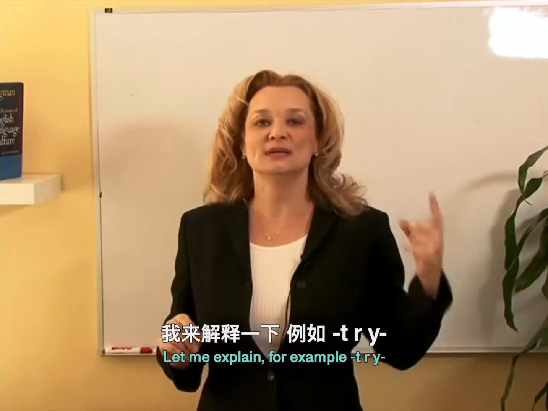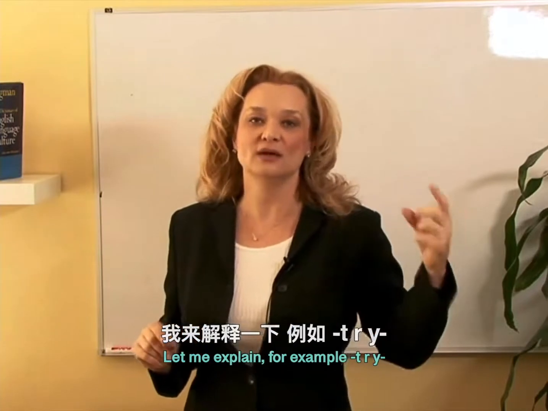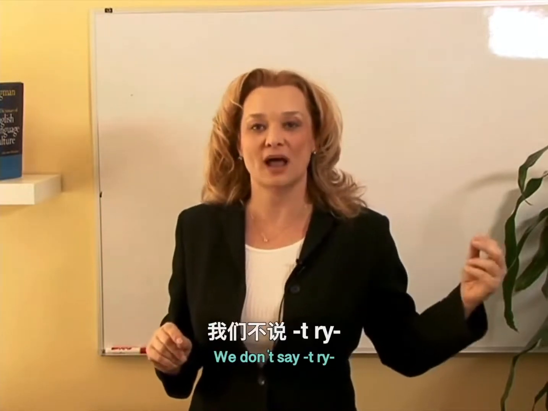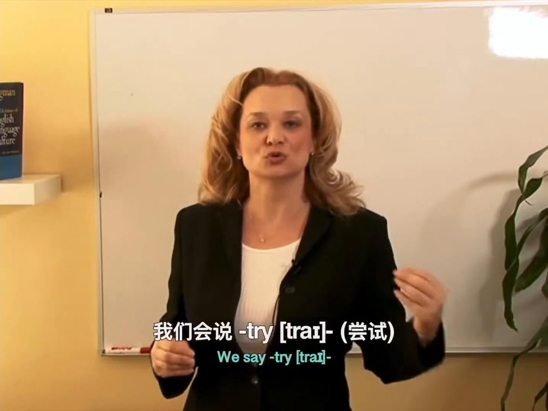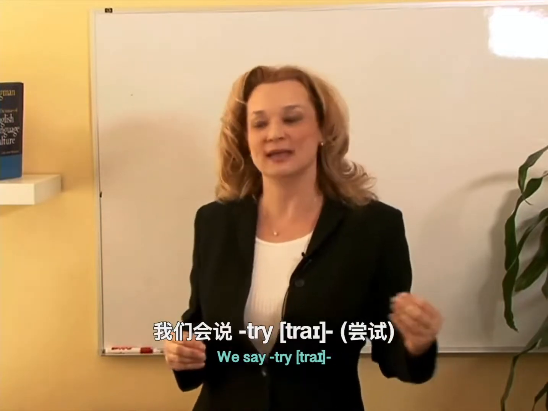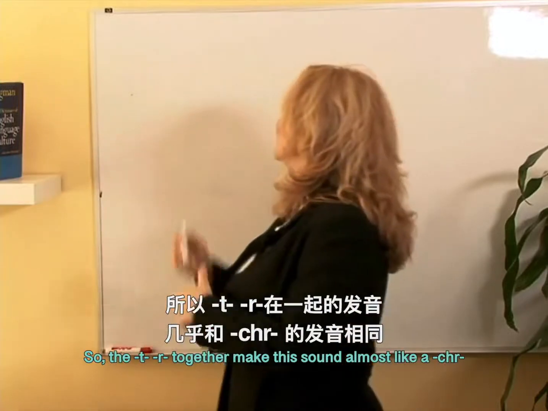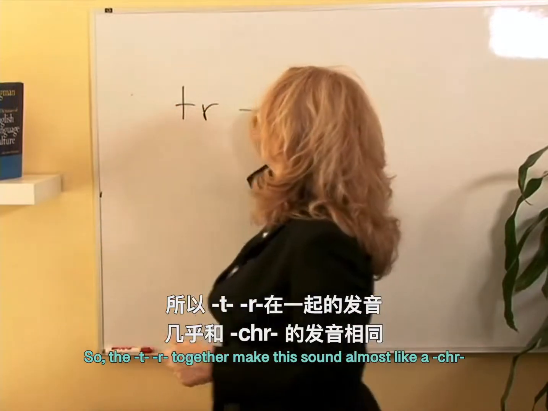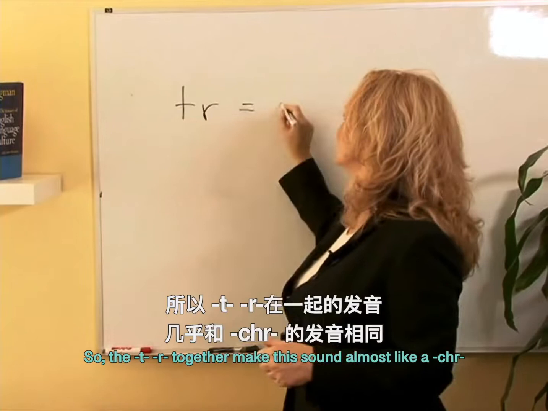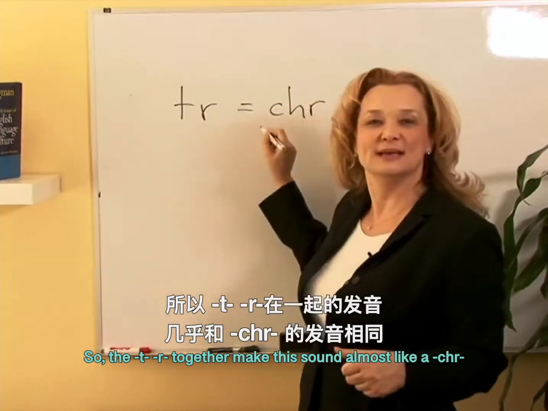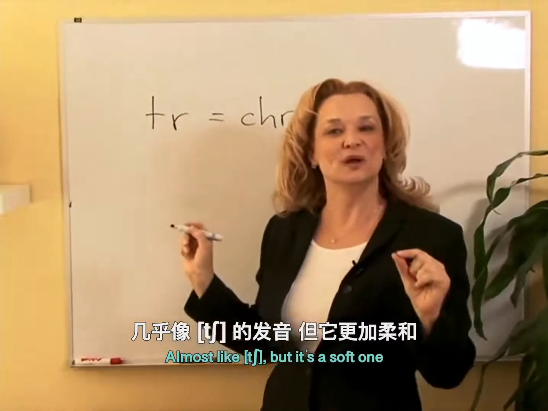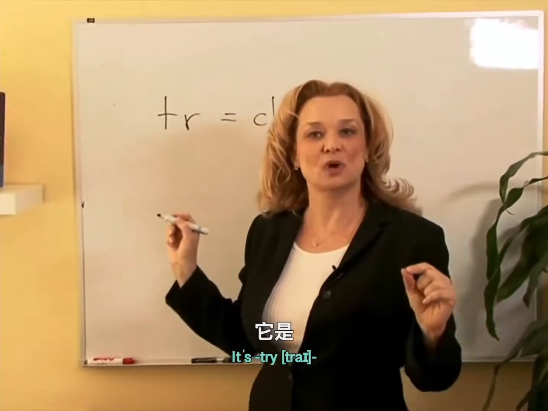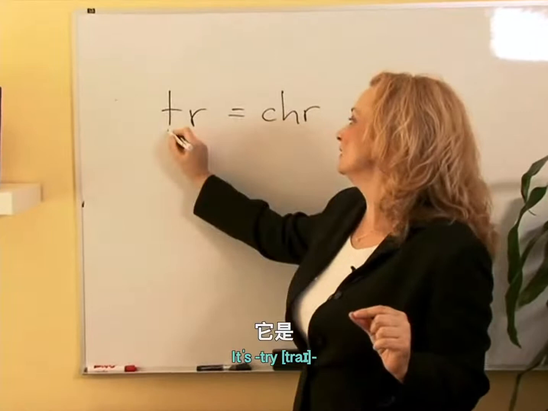For example, T-R-Y, we don't say "try" with a clear T, it becomes like a ch sound. We say "try." So the TR together make this sound almost like a CHR, but a softer one.